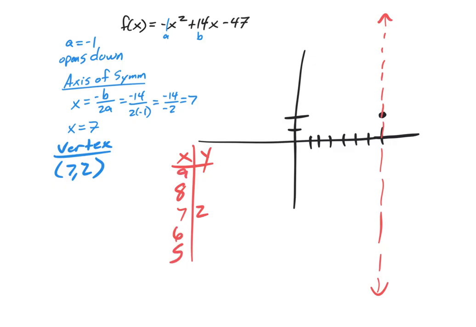So I go 1 to the right, 2 to the right, 1 to the left, 2 to the left. Okay? And that gives me 2 quick and easy points that we're going to have here. And like I said, and there's our parabola.